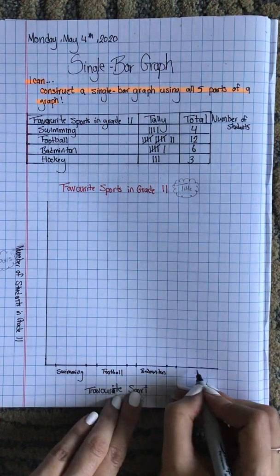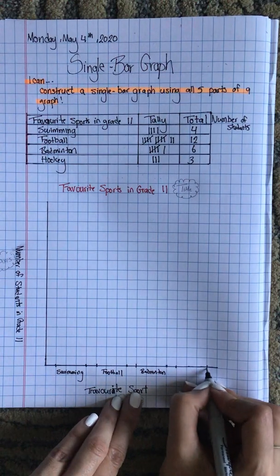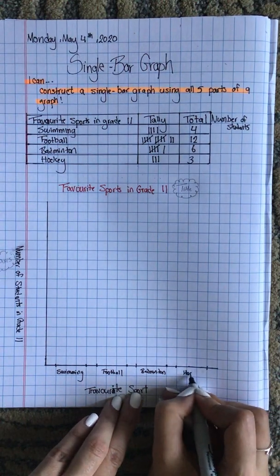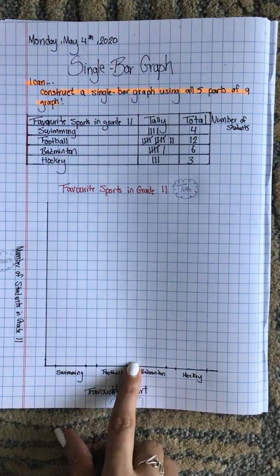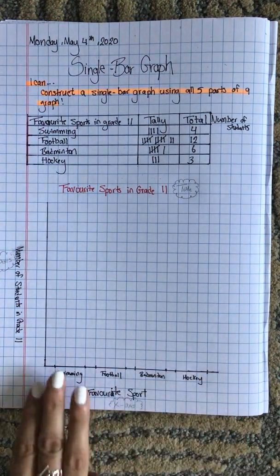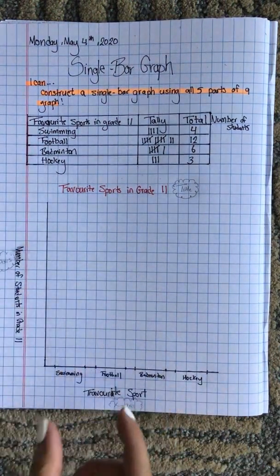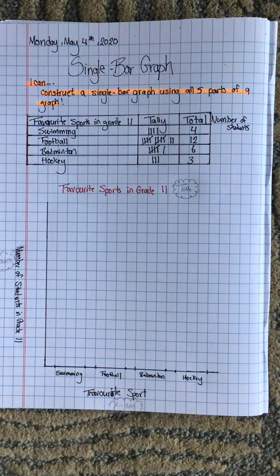And then the last one, skip 1, and then 1, 2, 3, hockey. Okay, see how much neater that is? And they're even, right? There's a space between each of them, and then there's 3 boxes for each of the categories.